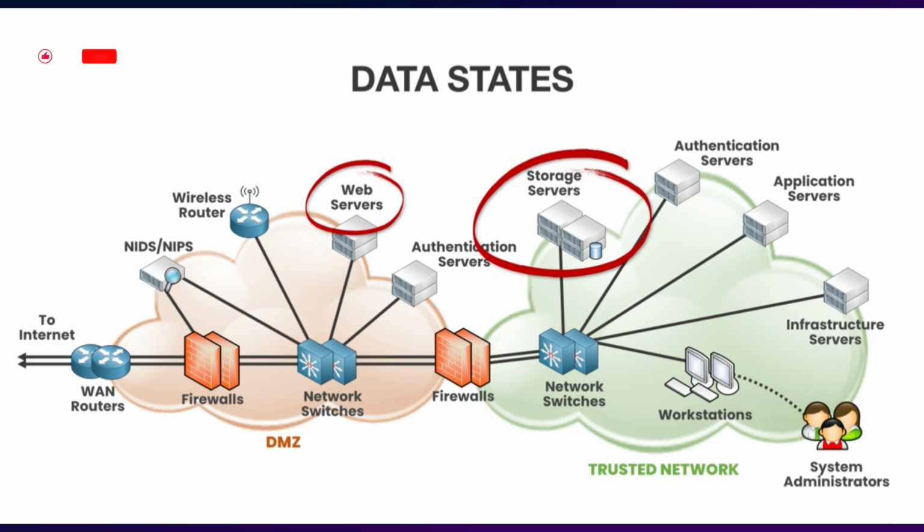While data is sitting on the system, whether it is in the storage server right here, this could be data in a file share, it could be stored in a database somewhere, it could be saved in somebody's home directory. It could be a lot of different things, but the data that's sitting there is just a static target.